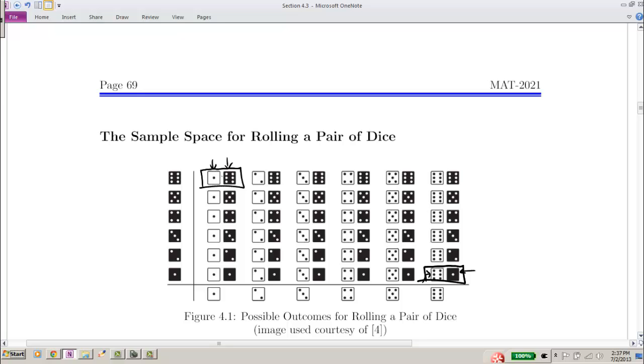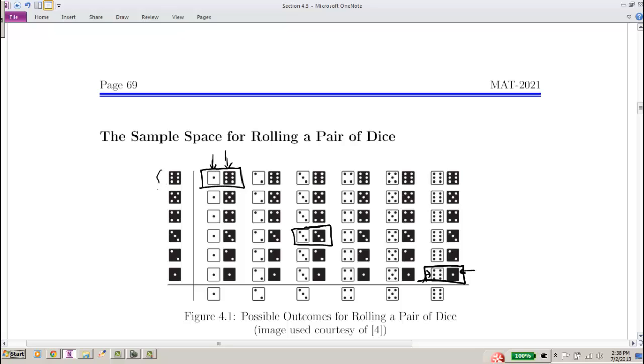However, when I think about rolling double 3s, there is only one way to get double 3s. They both have to come out to 3. You'll see no other instance in this listing where both dice come out as 3. And so we need to include both orderings of distinct rolls in order to have a meaningful sample space.